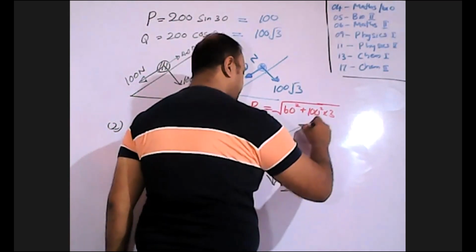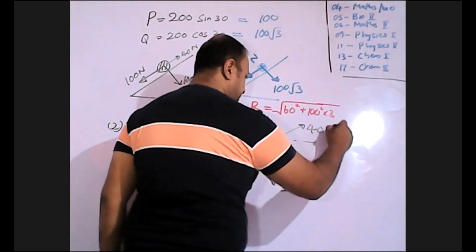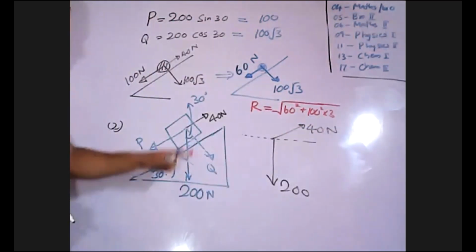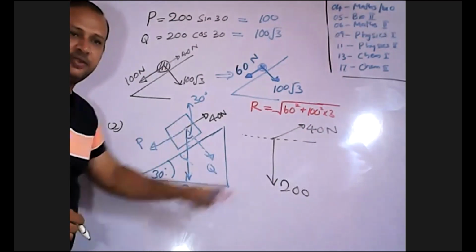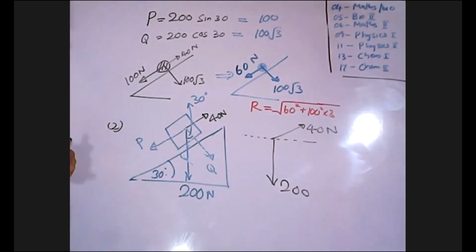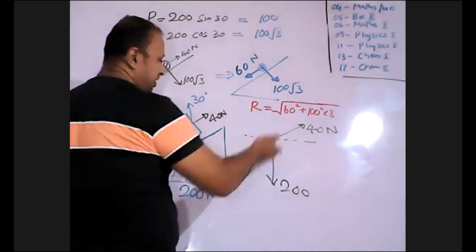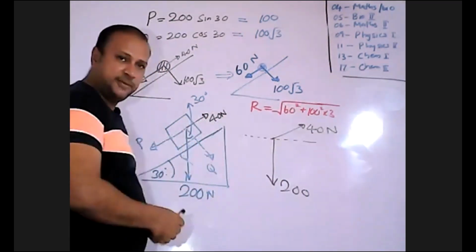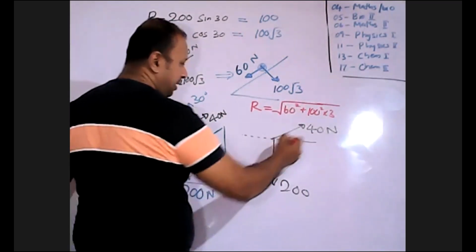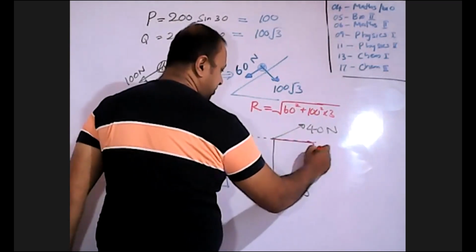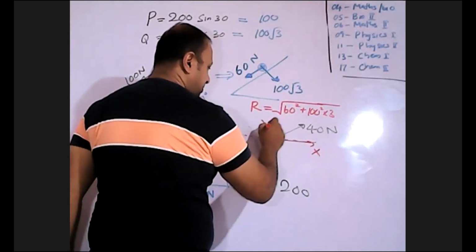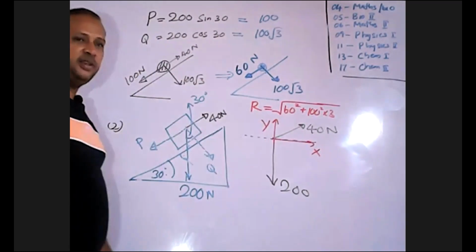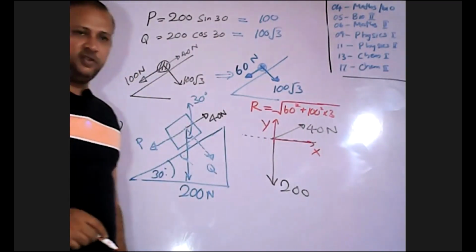Here, there is 40 Newton. There are two forces, something like this. What he did is, instead of resolving this force into this and this direction, he resolved this one in the x direction and this one in the y direction. That is a very good option.